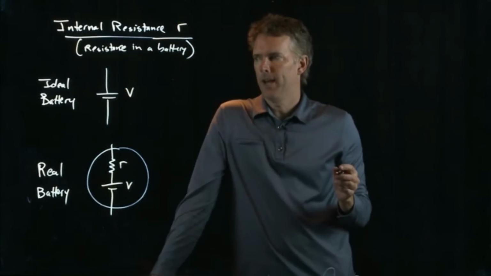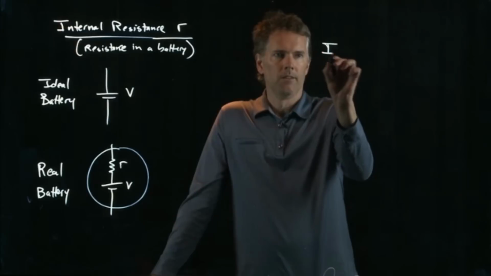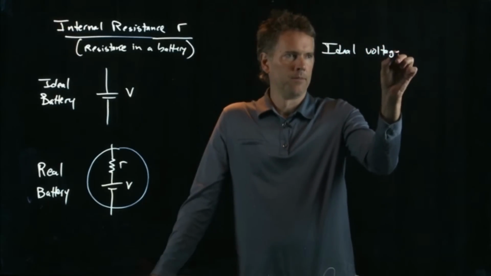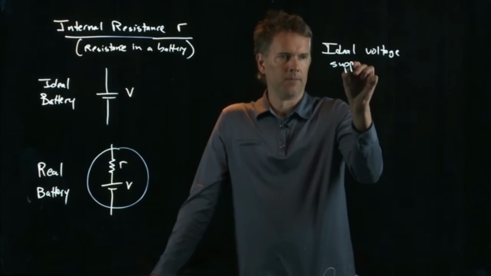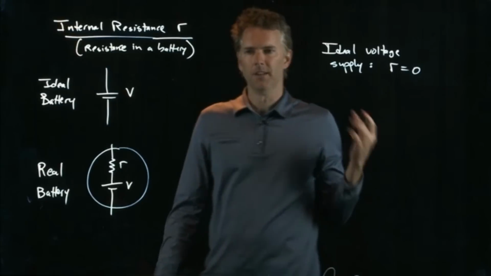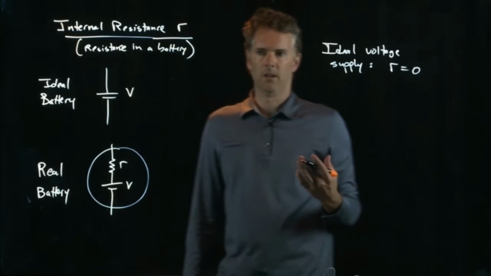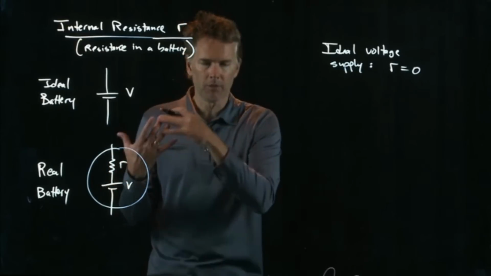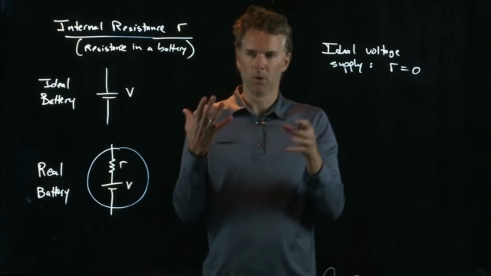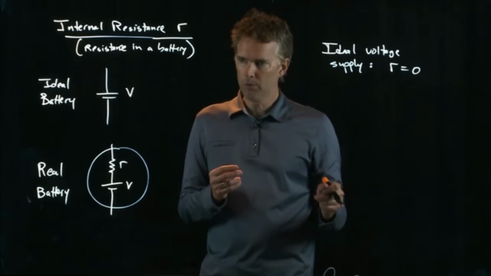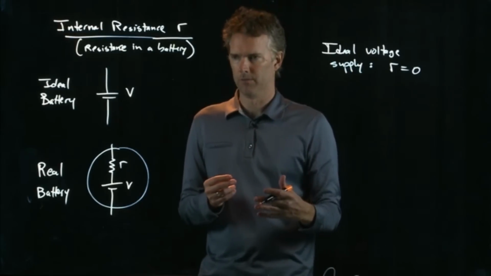So, if you have an ideal voltage supply, then that internal resistance is 0. And what it means is no matter what you connect to the battery, it's always going to be the same volts. Your 12-volt car battery, if you attach loads to it, it's still going to be 12 volts.